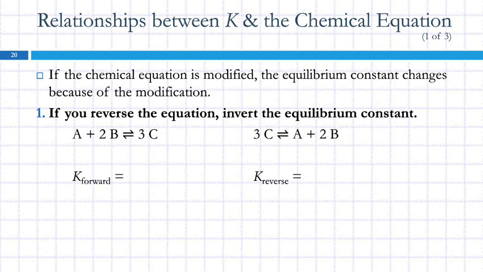So it's a little different. So let's look at this. Here we have an equation written in the forward direction and in the reverse direction. Let's write the equilibrium constant expressions for both of them. So for this one, we have C cubed over A times B squared.